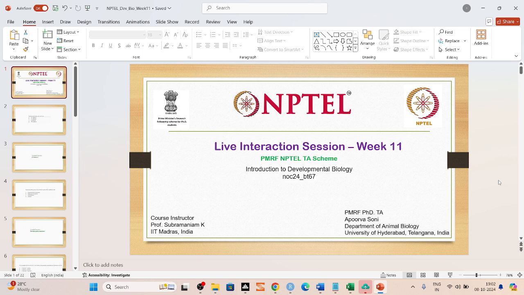Now coming to today's solving session. As we were studying in the last class, we started with mammalian development. First we dealt with Drosophila development: how anterior to posterior axis formation and dorsal ventral formation happen.